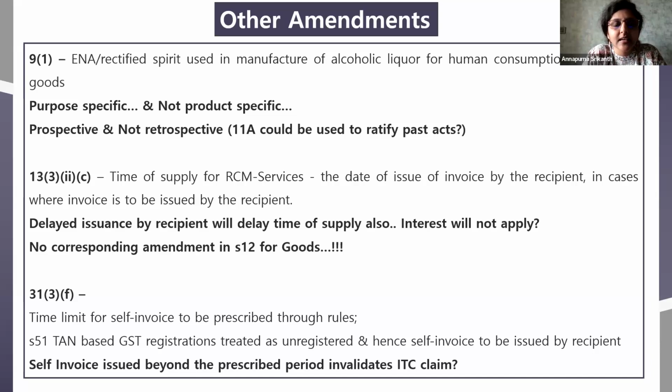Basically, this covers situations where the services covered under RCM are received, the supplier is an unregistered person, and RCM is discharged, and a self-invoice is raised by the recipient.